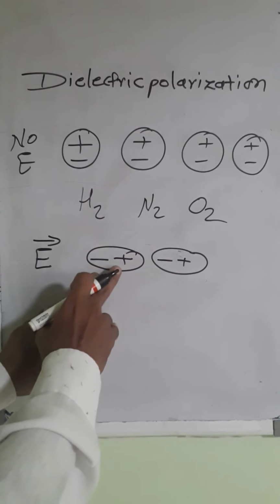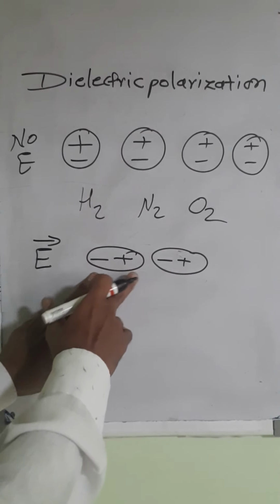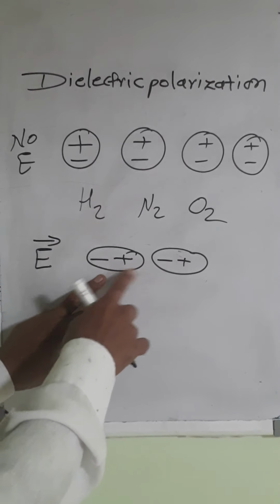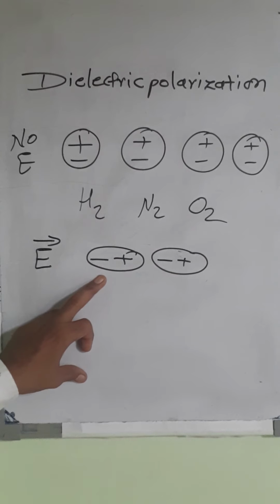This relative displacement of the charges gives rise to the generation of a dipole. So here the generation of the dipole takes place, and the dielectric is said to be polarized.